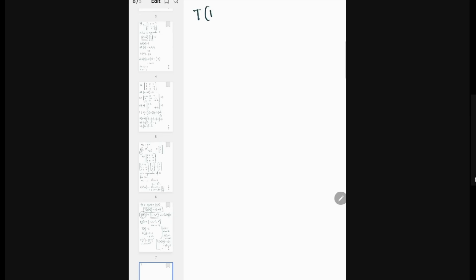So our T of 1 is 1, T of x is 1 plus x, and T of x square is 1 plus 2x plus x square.